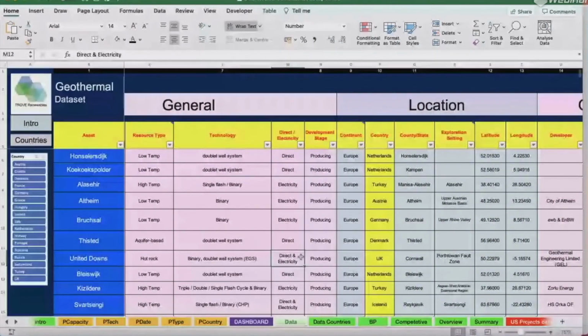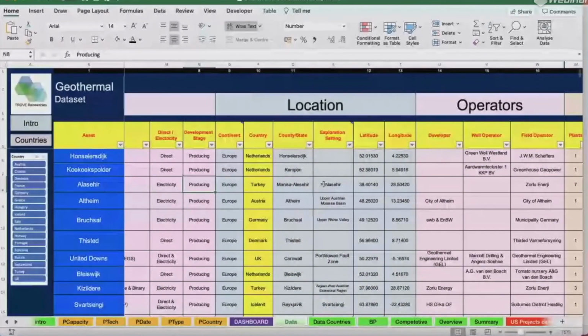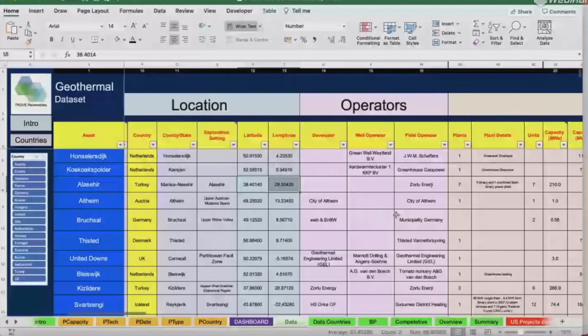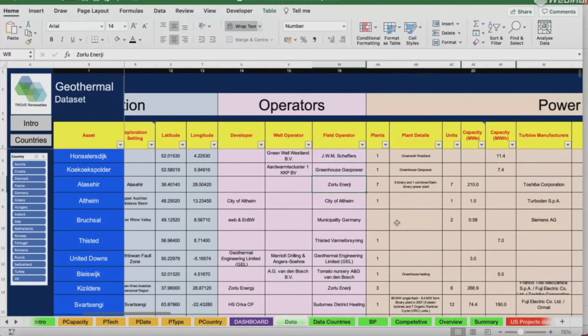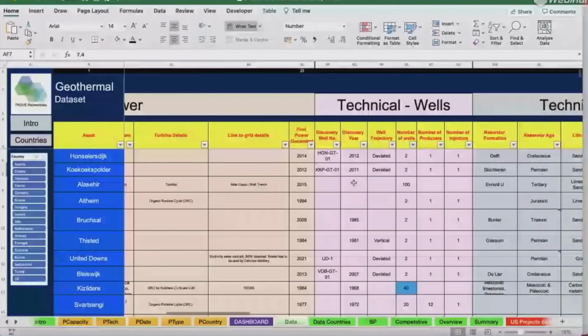We capture whether it's direct or electricity or used for both, whether an asset is producing or just in the planning phase or cancelled, where assets are located. There are lat longs for plotting into GIS, who the operator is, and then we cover details on the power plant itself or on the thermal plant. In cases of power plants, we capture turbine manufacturers and link to grid details, number of units, and in the case of thermal plants, it's just the thermal capacity.